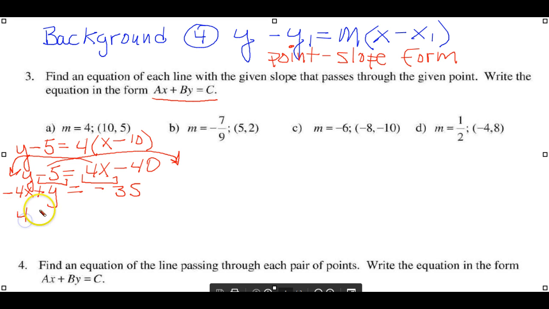So this becomes a positive, this becomes a -y, and this becomes a positive 35. So this one and this one are equivalent, and you have to pick out the one they give you in MATLAB. So we'll give you a moment to copy that down, and then we'll work on some of the others.